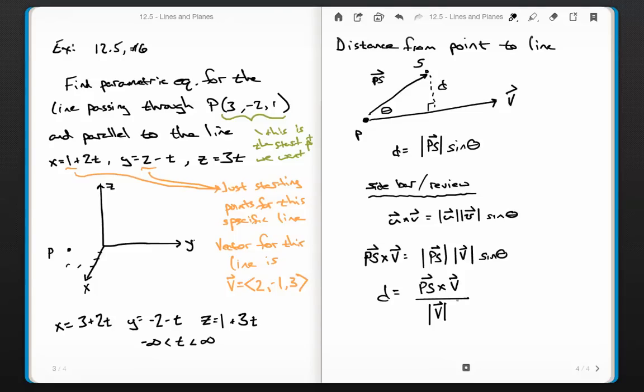Now I've got a little problem here, in that PS cross V actually gives me some vector. I don't want a vector, I just want a simple distance. So I'm going to take the magnitude of this. What does this really equal?